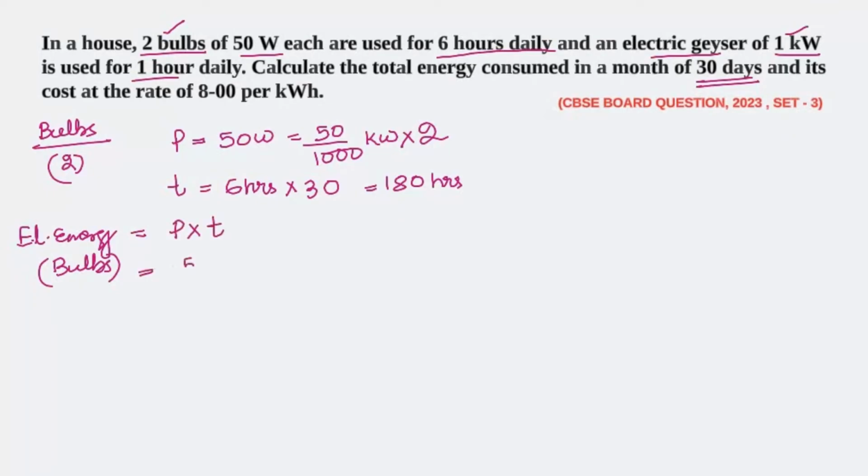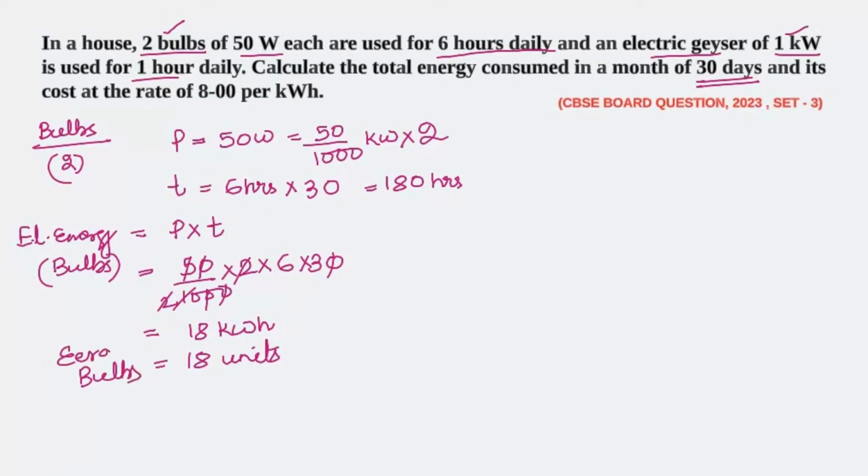The power is 50 by 1000 kilowatt, there are two such bulbs, and each bulb is used for 6 hours daily for a total of 30 days. So this gives me the total energy consumed, which is 18 kilowatt hour, which is 18 units. So 18 units of electrical energy is consumed by the bulbs.